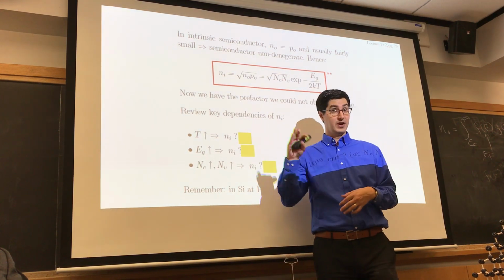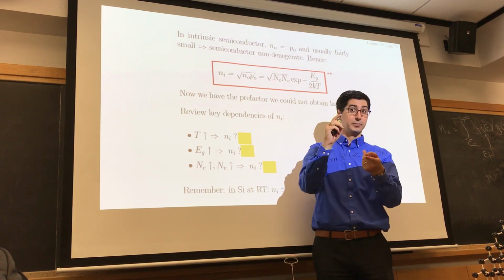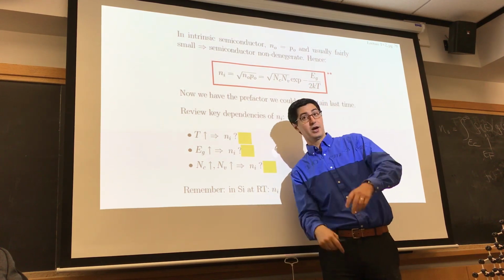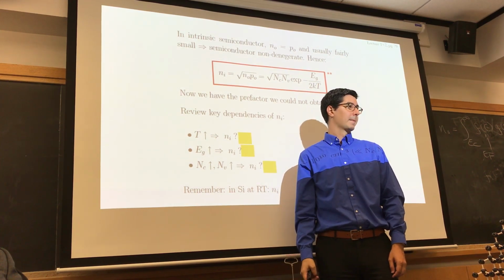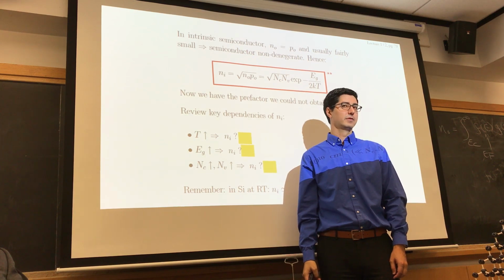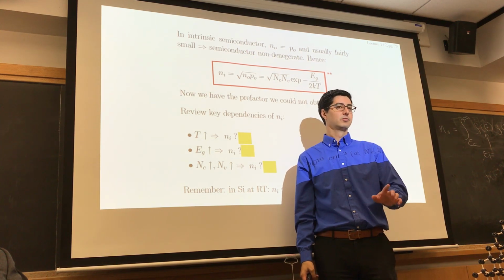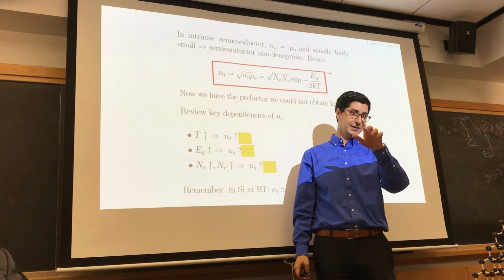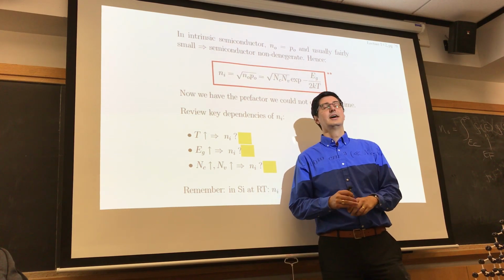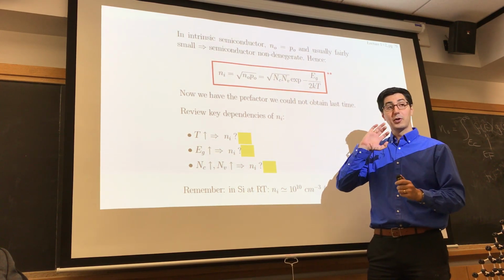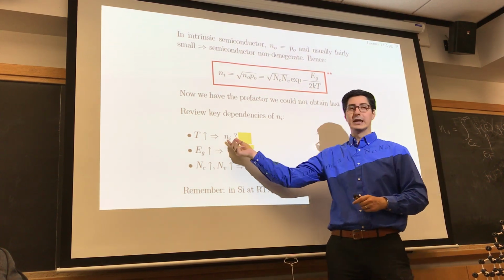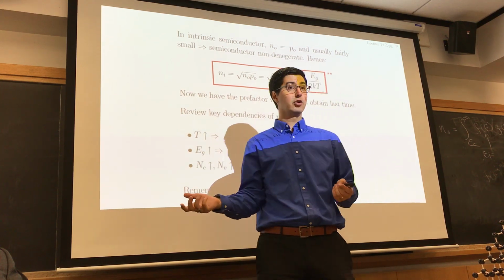We're going to even have more. We're going to have N, N prime, P, P prime, and a delta N. So try to keep them all straight, maybe make a list, but Ni is the intrinsic carrier concentration.